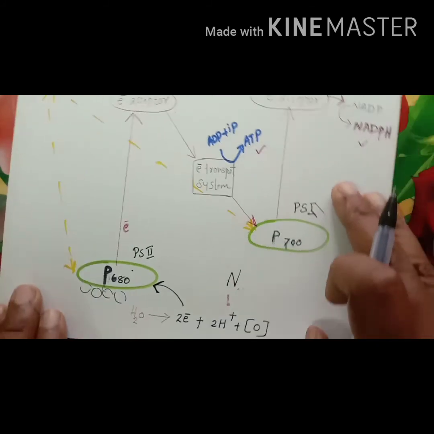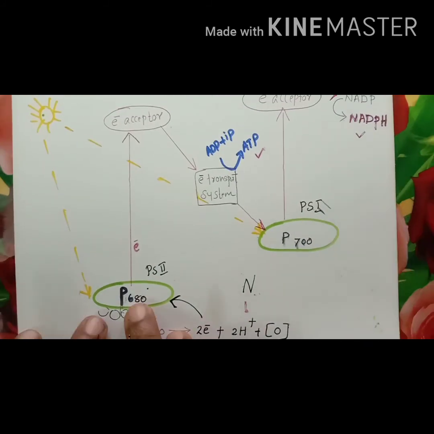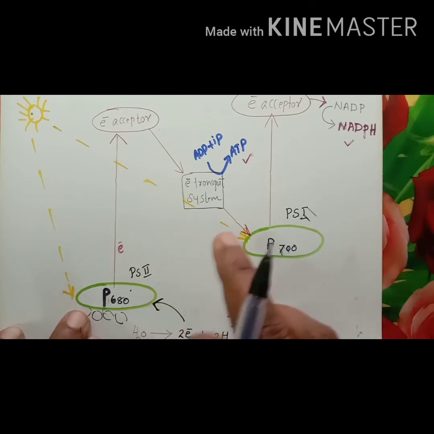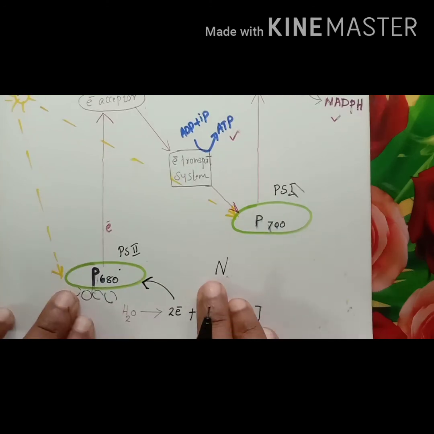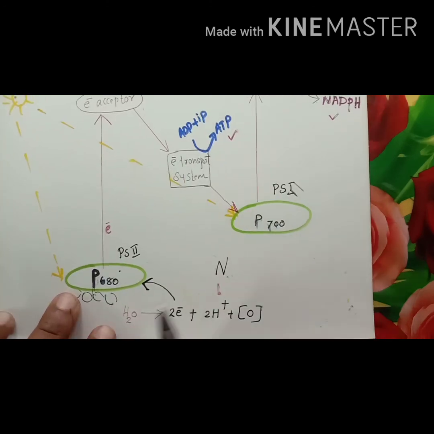Clear? Here we know that the electron is moving upward and not coming back. So a continuous supply of electrons should be associated with pigment system 2. A continuous supply of electrons is necessary, and that occurs with the help of the splitting of water. We know that one of the raw materials in photosynthesis is water.